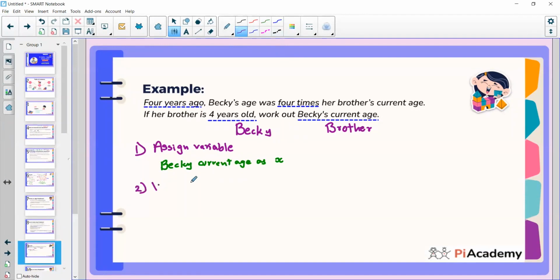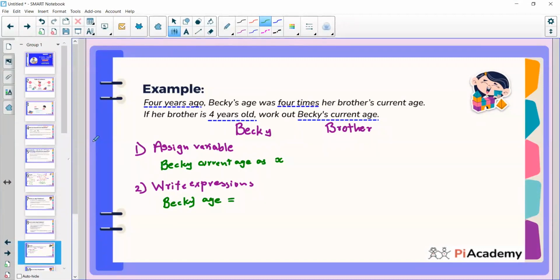All right. Now we need to write expressions. So what are we given? We are given the ages 4 years ago. So what could have been the age of Becky 4 years ago? Anika, would you like to tell me? What would be Becky's age 4 years ago?